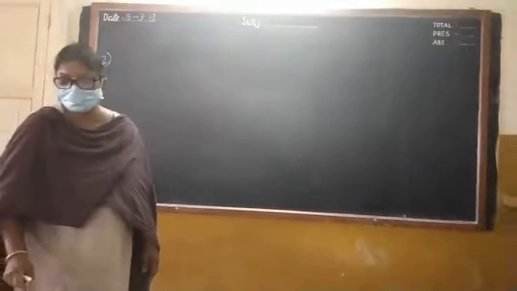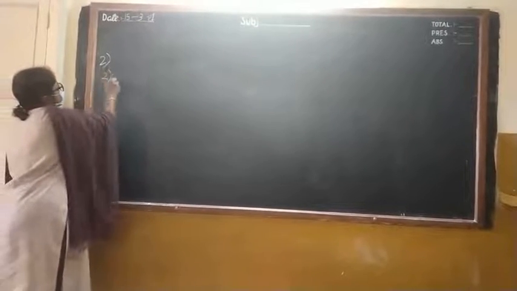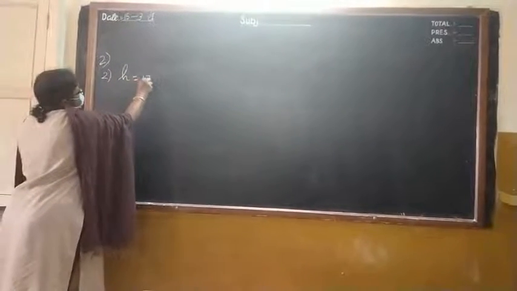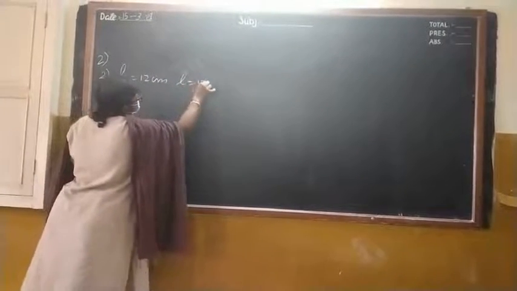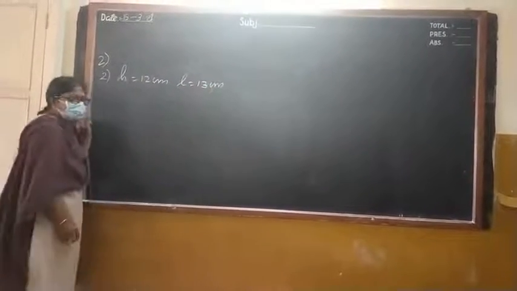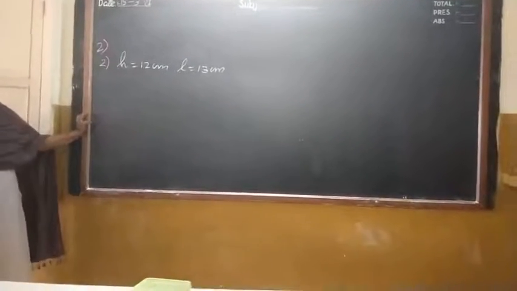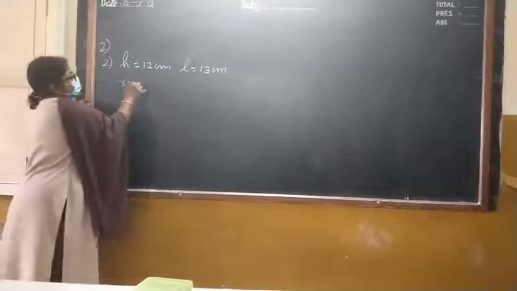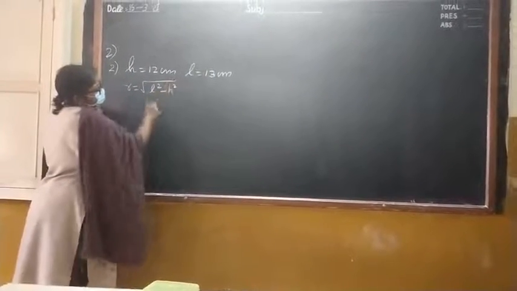Next, height it is given 12 centimeter and slant height L is equal to 13 centimeter. So you have to find out R there. R is equal to square root of L square minus H square.